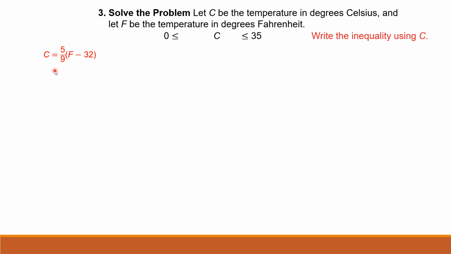Now we know the formula, or we can find the formula, that converts Fahrenheit to Celsius, which gives us an equivalent statement that degrees Celsius equals 5/9 times the quantity degrees Fahrenheit minus 32. So C is equal to this expression, so we're going to substitute that in place of C in our compound inequality. So it gives us a compound inequality now in terms of Fahrenheit, which is what we want to determine.